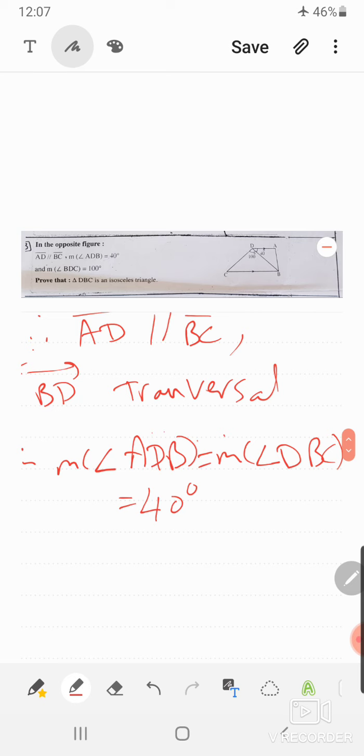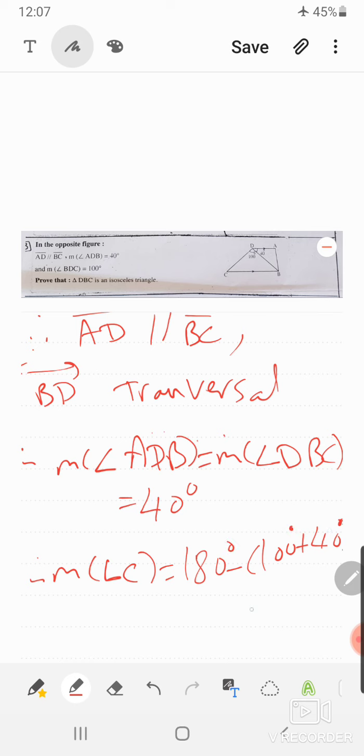Okay? Then look at measure angle C. I can get it, which is 180 minus 100 plus 40 degrees, equals 40 degrees. Yes, exactly. Here I have two angles that are equal, therefore measure angle C equals measure angle DBC.